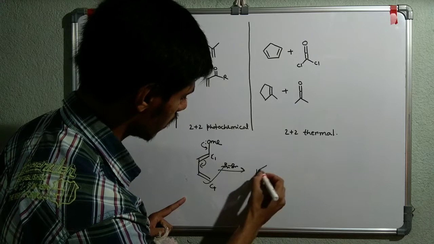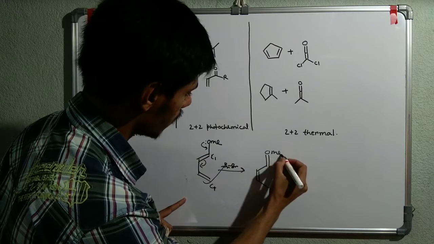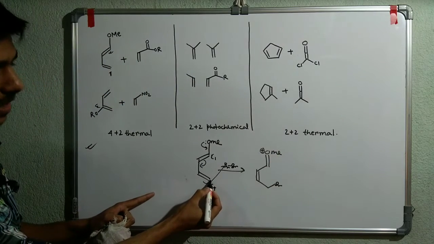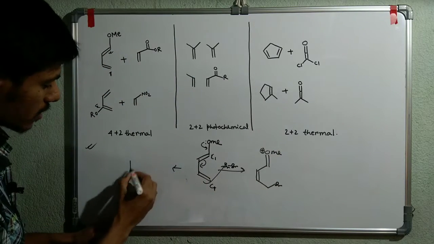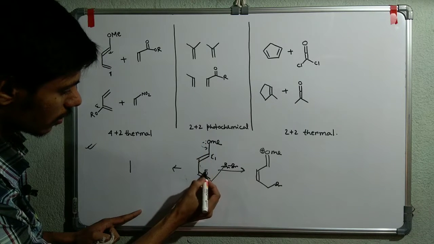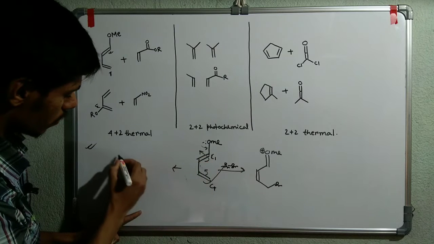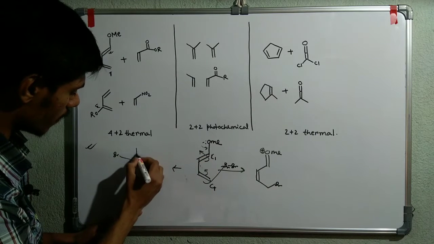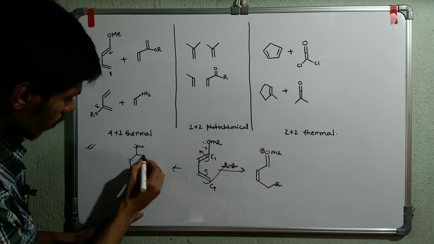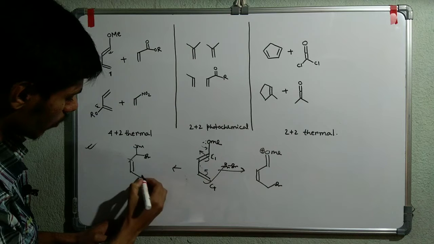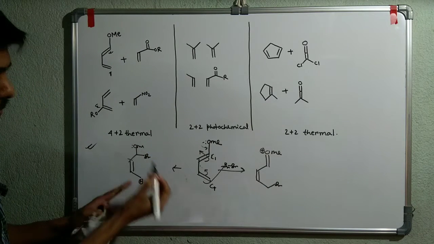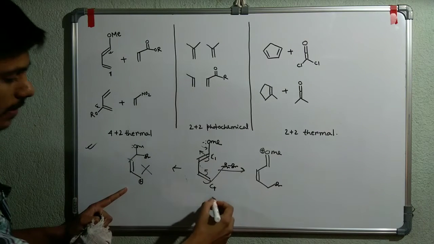Here you will have a bromine and here you will have an OMe, right? So positive charge. So you can see the reaction occurs from this side. If you do it from the other side, that is if you push the arrow in the reverse direction like this, the carbocation which will be formed here cannot be stabilized by the lone pair of this oxygen, so that's why this will not take place and this will take place.